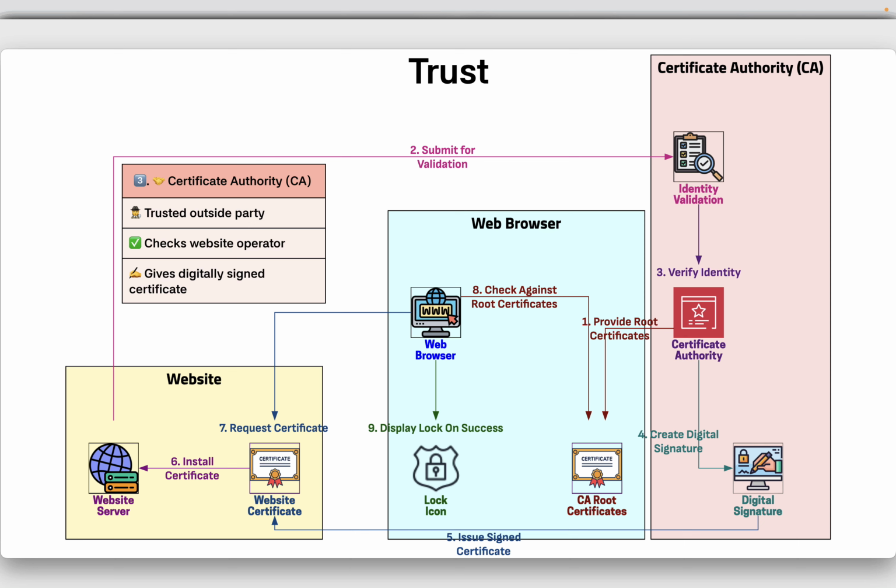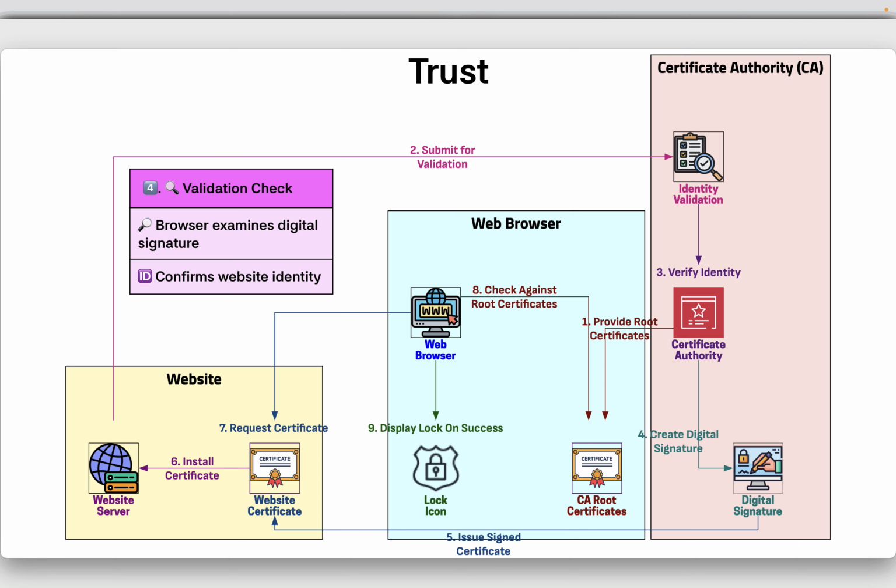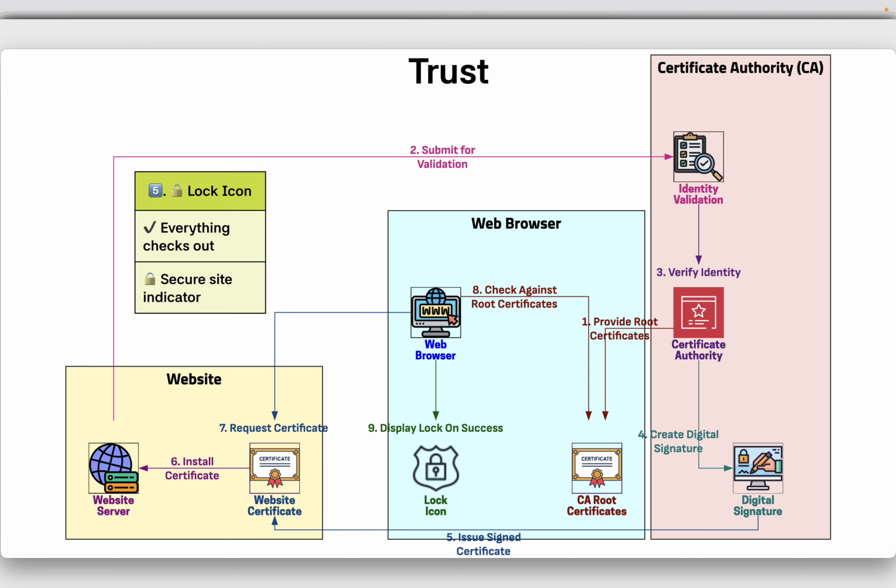A certificate authority, which is a trusted outside party, checks who runs the website and gives the website operator a digitally signed certificate. The browser then looks at the digital signature on the certificate to confirm the website's identity. If everything checks out, the browser shows a lock icon in the address bar to let you know that the site is secure.